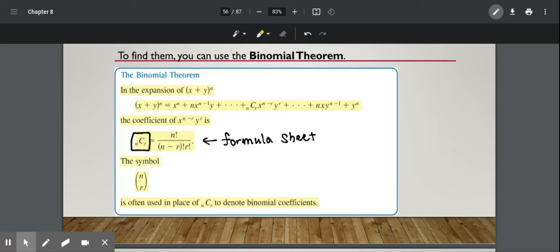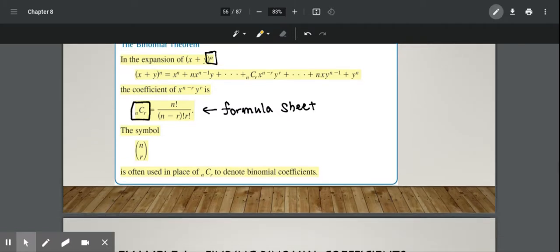You don't necessarily have to have that memorized. If you look at what n and r are, n is the power of the binomial, and r is the exponent for that second part. Sometimes instead of nCr, you'll see it written with a set of parentheses, almost like a matrix, where you have n and you have r.